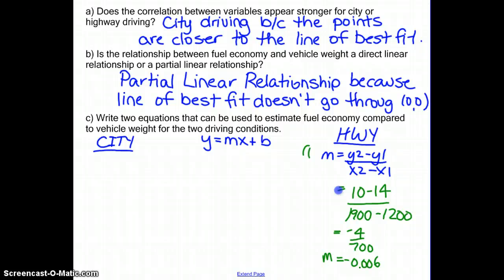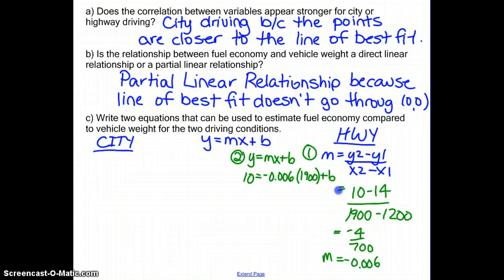Our second step is to find b. Remember that you can find b by plugging in your slope and your x and your y coordinate into this equation. Let's use the point 1900 and 10. So 10 is our y value, our slope is negative 0.006, our x value is 1900, and then we'll add b. We want to find b by itself.